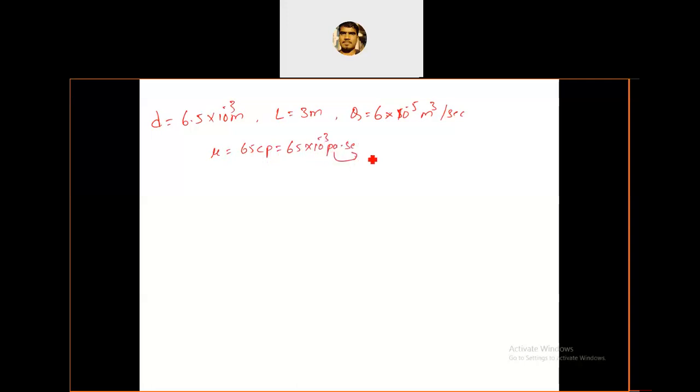Pascal means Newton per meter square. And you have to find P1 minus P2, that is the pressure difference.